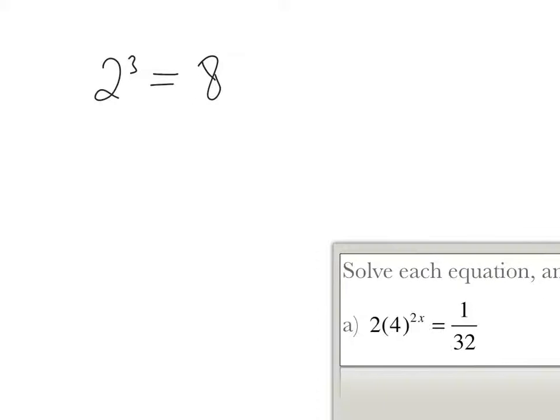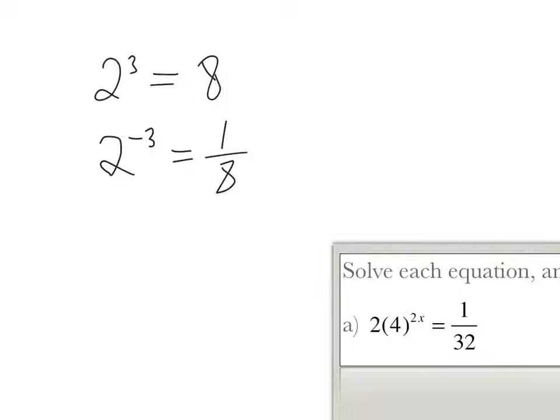So try not to. Now, 2 to the power of negative 3. That's a little weird. Okay, it's a little bit different. I don't know if anyone remembers what 2 to the power of negative 3 would be if 2 to the power of 3 is 8. It's not negative 8. It's not just 8 either. It's actually 1 over 8.